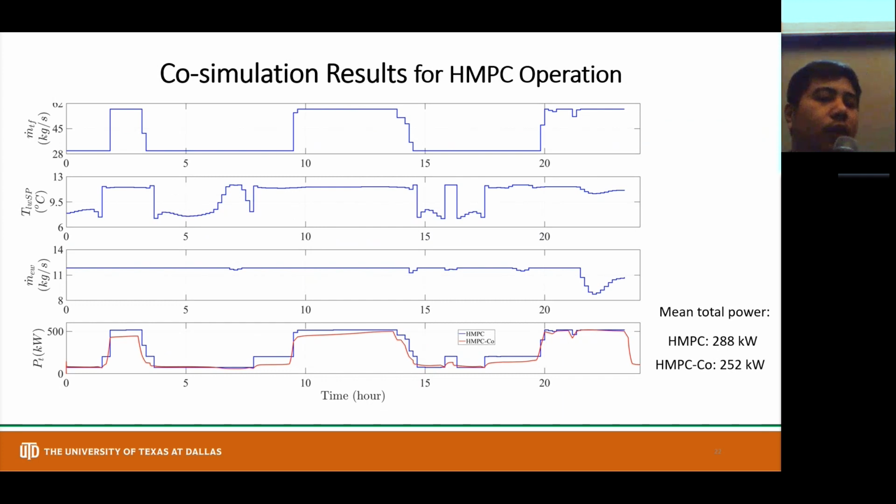And this is the optimized input and the total power. The blue line is the total power calculated by the controlling model, and the red line is calculated by the co-simulation. The mean total power of the controlling model is 288 kilowatts, and for the co-simulation it is 252 kilowatts.